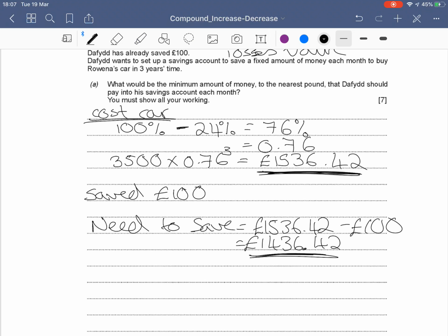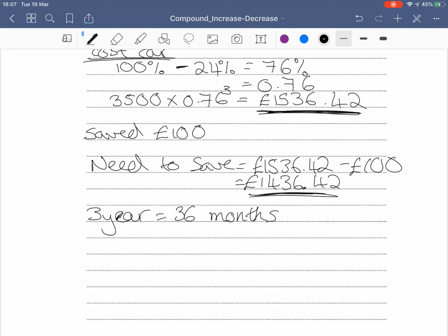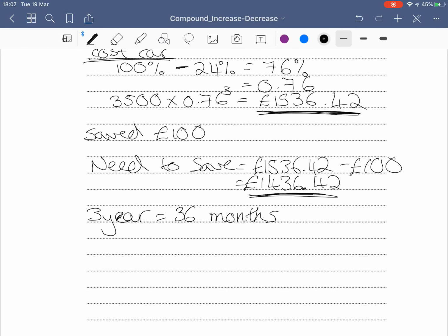Now he's got 3 years, and we need it in months. I know there are 12 months in a year, so in 3 years there are going to be 36 months. To find out how much he needs to save, we take the 1,436.42 and divide it by the 36 months so we can have equal monthly instalments.